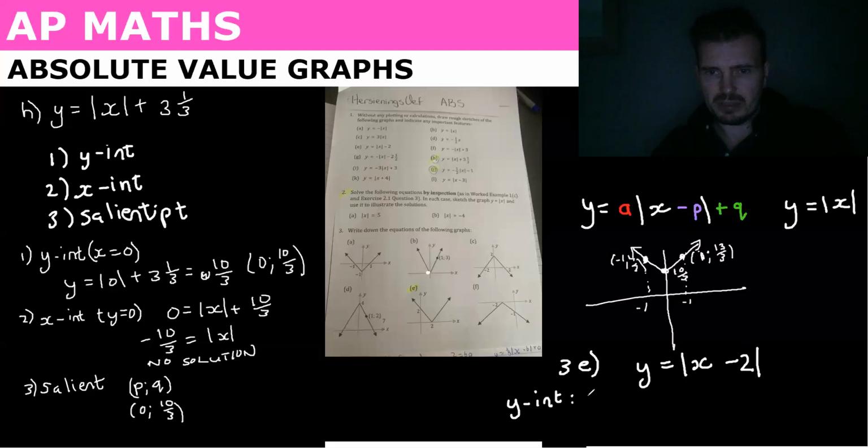For the y-intercept, we make x equal to 0, and so we get y equals the absolute value of 0 minus 2, which is the absolute value of negative 2, and the absolute value of negative 2 is 2. And so that all works out.